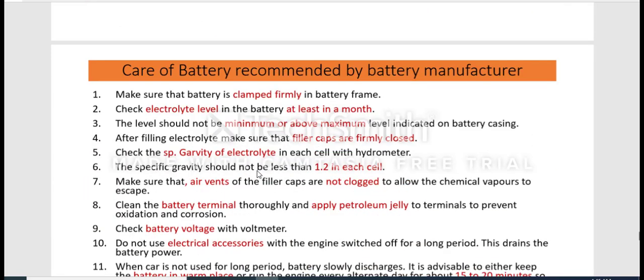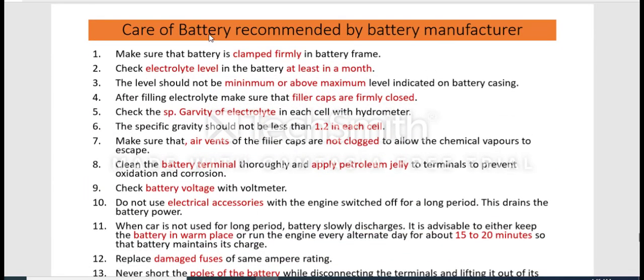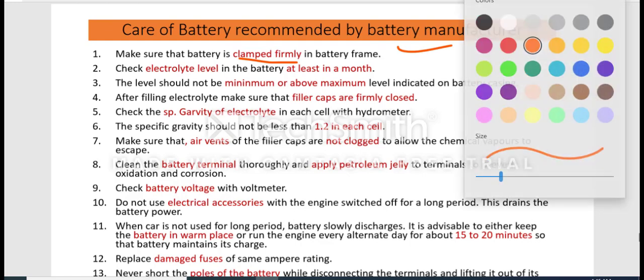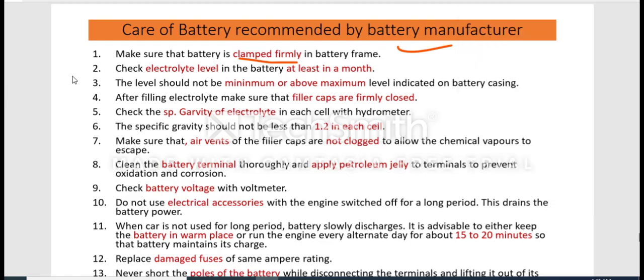Then the next very important point is care of battery recommended by the battery manufacturer, meaning battery maintenance, how we should perform the maintenance of the battery. So first point is make sure that the battery is clamped firmly in a battery frame. Then check the electrolyte level in the battery at least once a month.